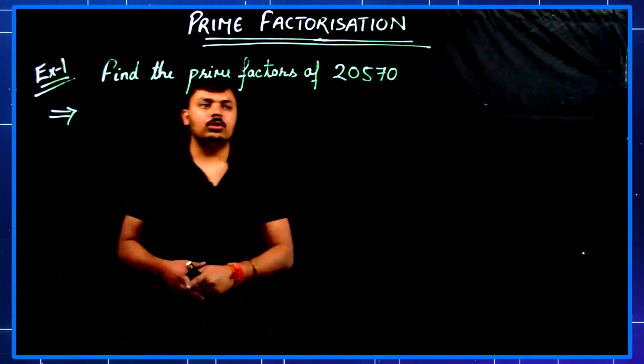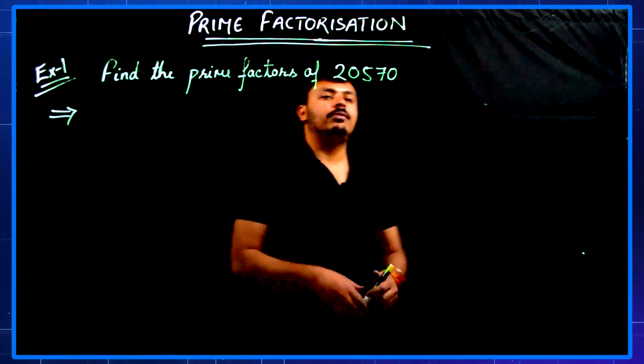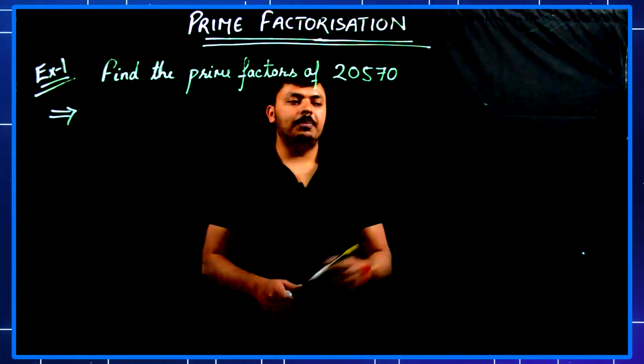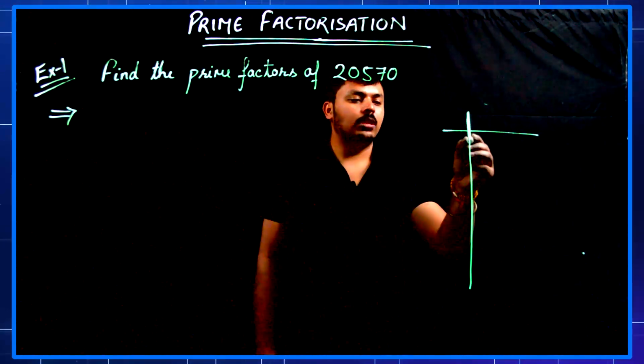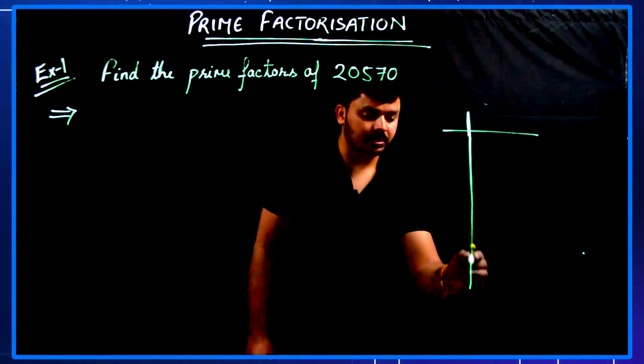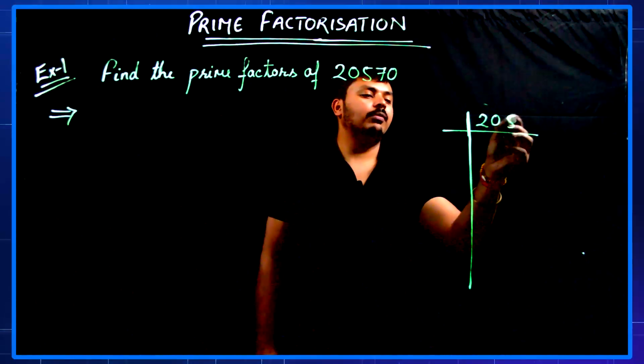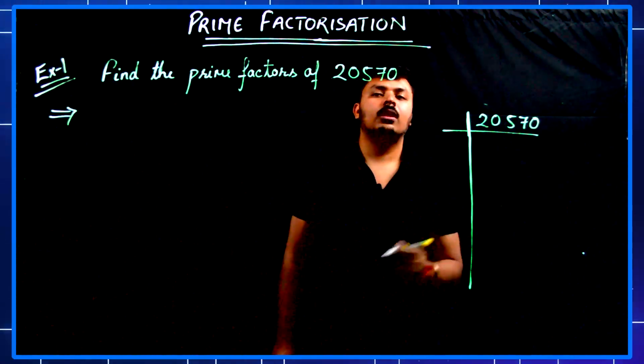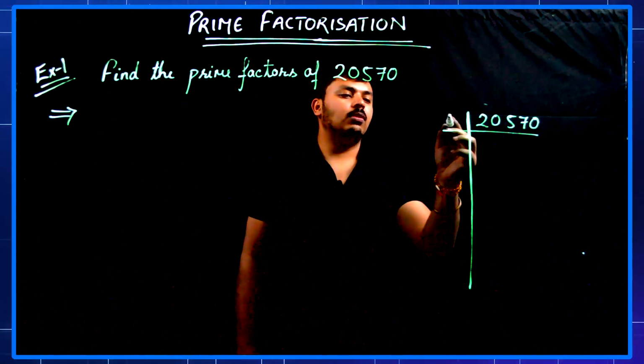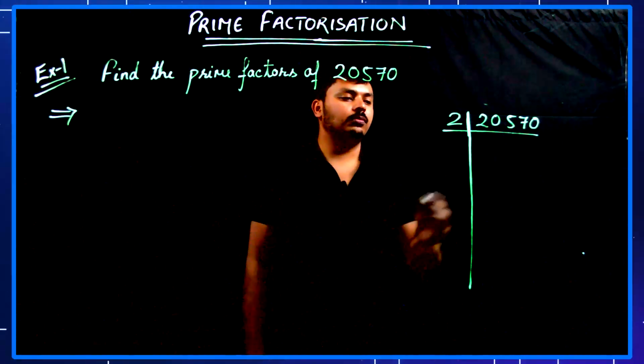Find the prime factors of 20,570. So to find the prime factors, let's use the division method. First, the lowest prime number that can divide is 2.